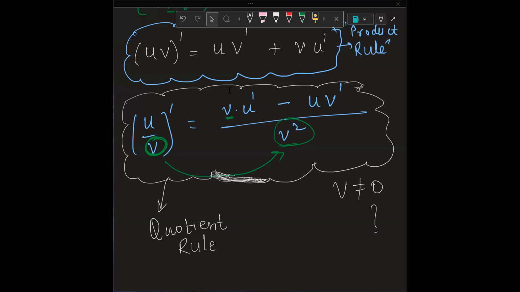That's why we cannot take v equal to 0. Okay? And this is the quotient rule.